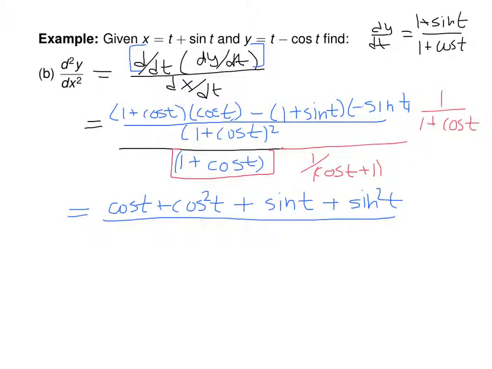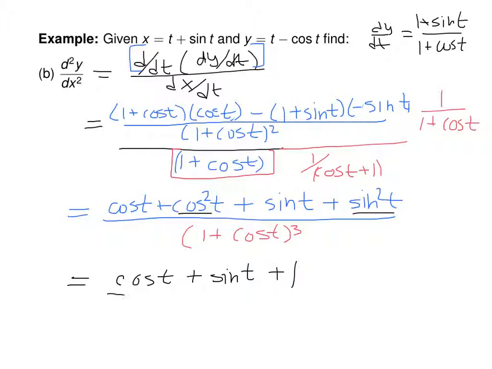You've also probably heard that division by a fraction is the same thing as multiplying by the reciprocal. The reciprocal of 1 plus cosine t is 1 over 1 plus cosine t. So my denominator is now 1 plus cosine of t cubed. And the last thing you can do to simplify is, you know that cosine squared plus sine squared is 1. So this second derivative is cosine t plus sine t plus 1 all over 1 plus cosine of t cubed.